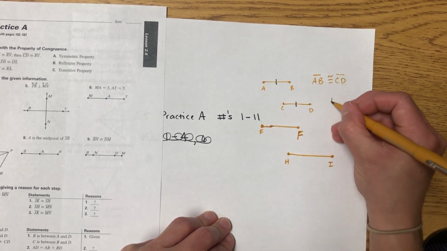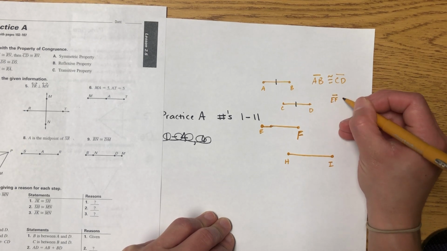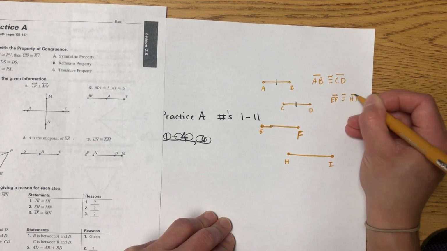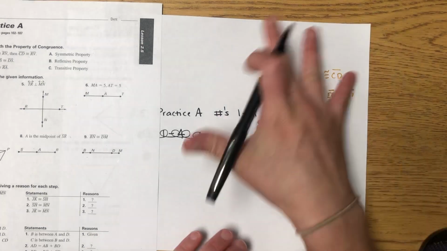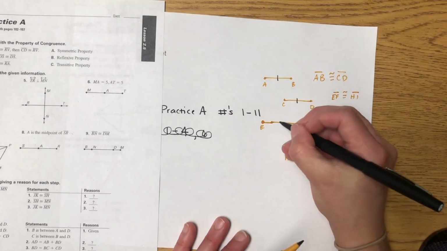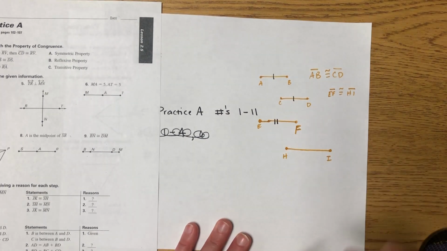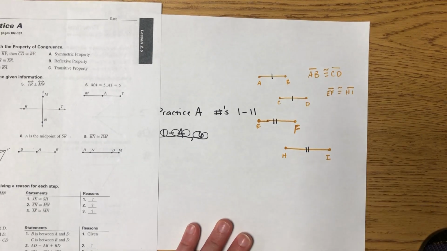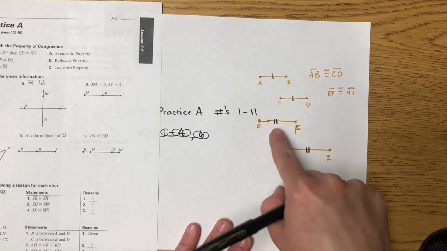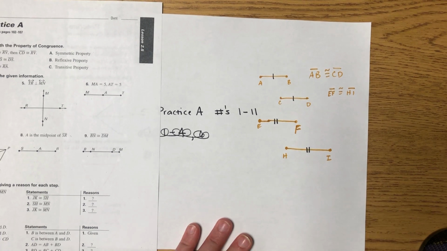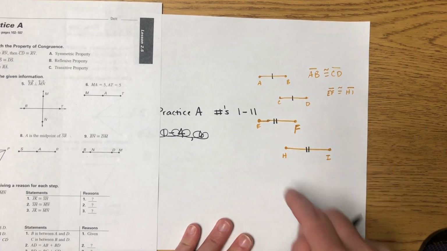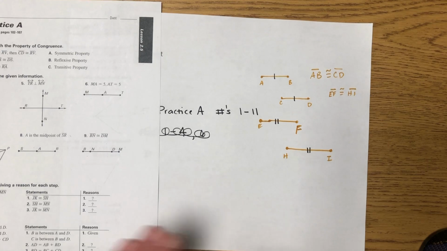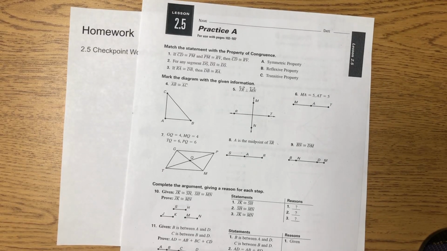If I say EF is congruent with HI, but it's all in the same problem, then I'm also going to write a dash, but in this case I'm going to write 2 lines, because now I know that those 2 are equal to one another, and those 2 are also equal to one another, but they don't necessarily equal each other. So that's exactly what they want you to do on 4 through 9.